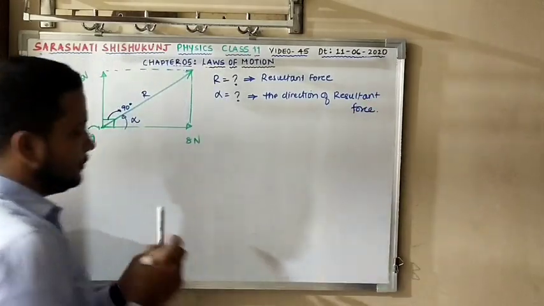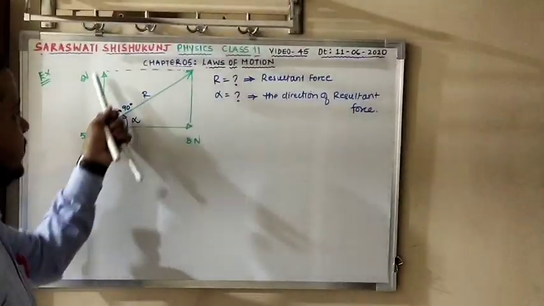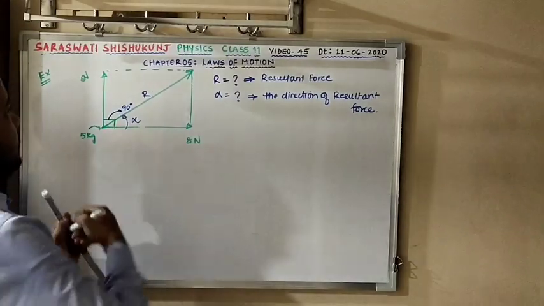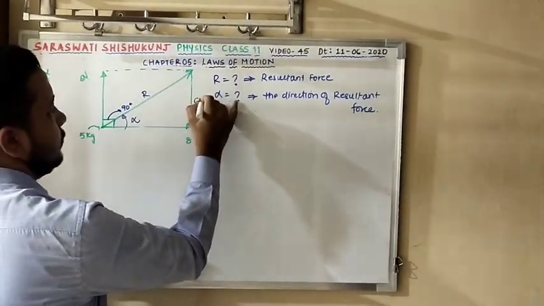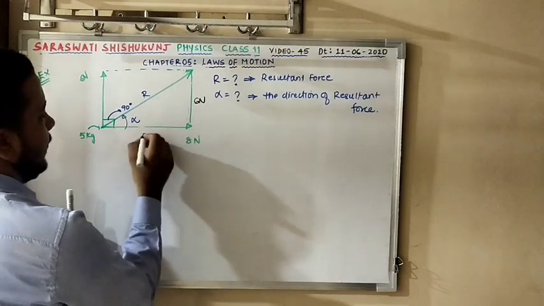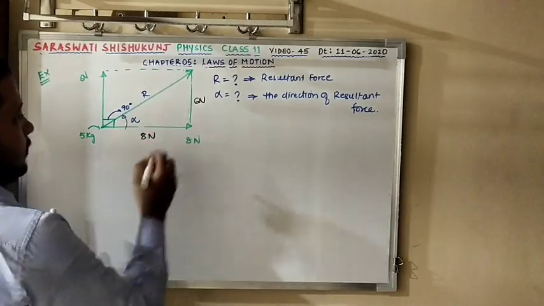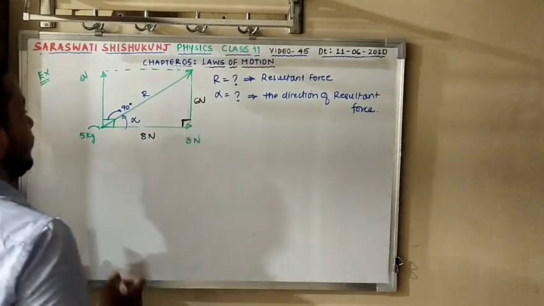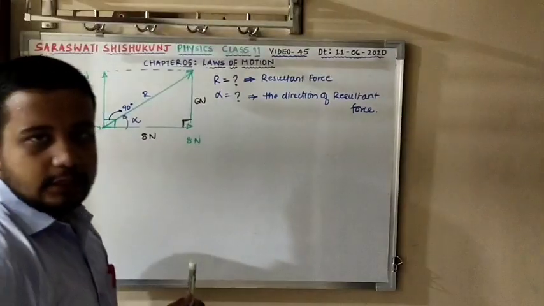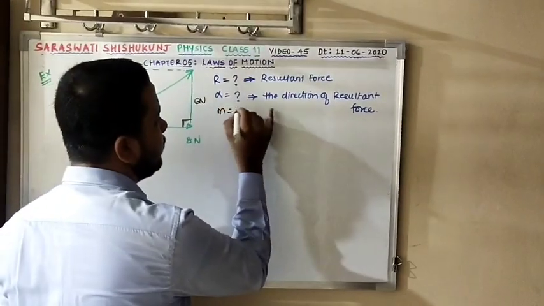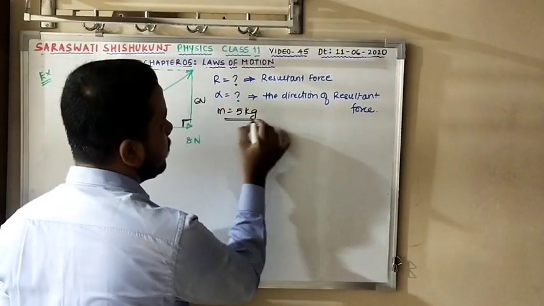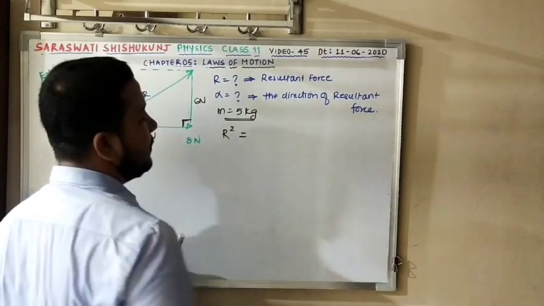Is this clear? Now can you see one thing? This is 6 Newton, this is 8 Newton, this is angle 90, yes or no? And the mass given is 5 kg. So I can find the resultant by Pythagoras theorem.